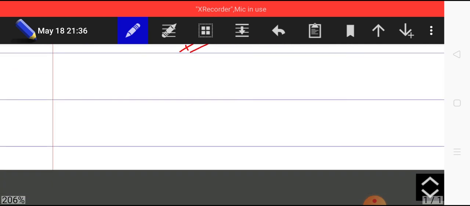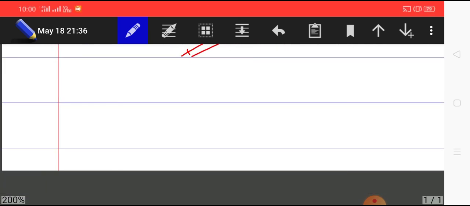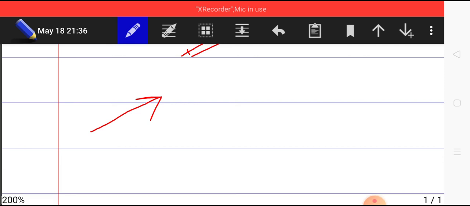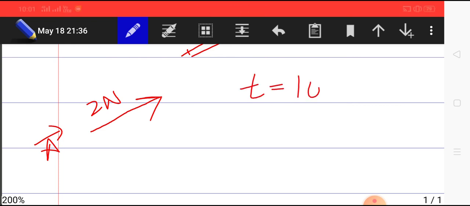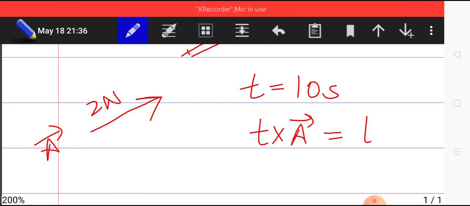Let us have an example of what will happen if we multiply a vector by a scalar. Again, let us consider this is a vector a whose magnitude is 2 Newton, and let us say I multiply it with some scalar quantity, say time. If I multiply my vector a with time, say t is equal to 10 seconds, it will become t a vector, a scalar multiplied by a vector.